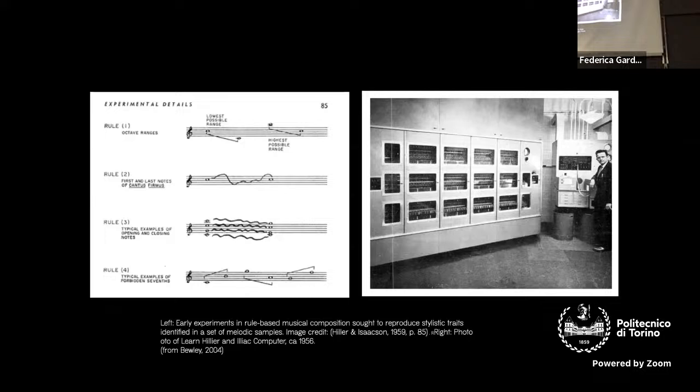The ILLIAC was the big mainframe computer that they had at the University of Illinois. Interestingly, Hiller was not a musician, not a designer, not a computer designer, he was a chemist. He was interested in the structure of molecular bonds, and he was experimenting with how to translate those molecular structures into other forms.